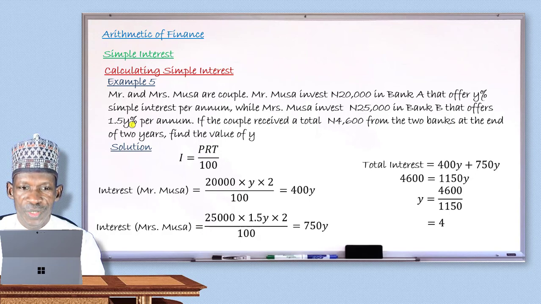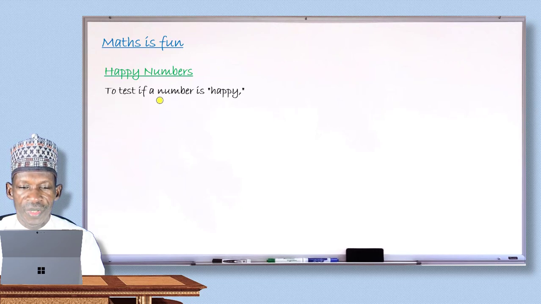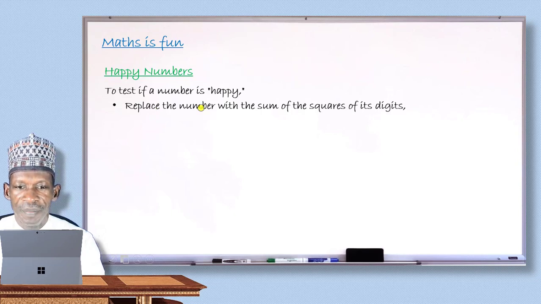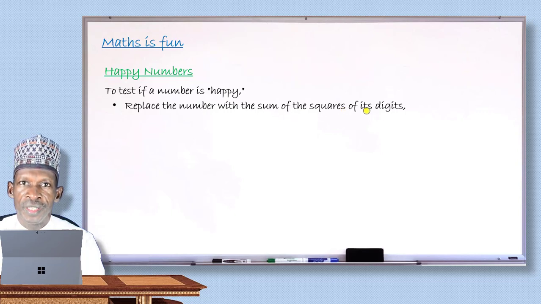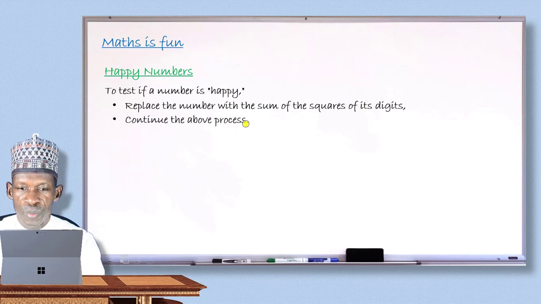Maths is fun, and let me explain what happy numbers are. To test if a number is happy, these are just the two steps. One, you replace the number by the sum of the squares of its digits. That is, you find the square of each digit and add the results. Then continue doing the same process.